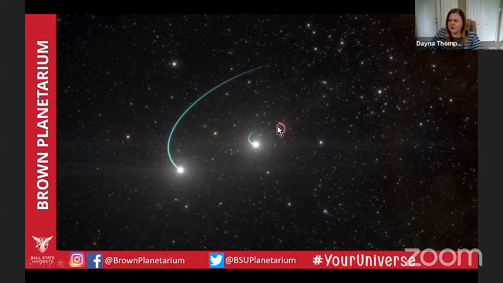Because they don't see anything there, but they see the gravitational effects of this on the other stars, scientists can infer that there is a black hole here. And again, it's the closest black hole that's ever been discovered, 1,000 light years away, still very far away in this double star system called HR 6819.